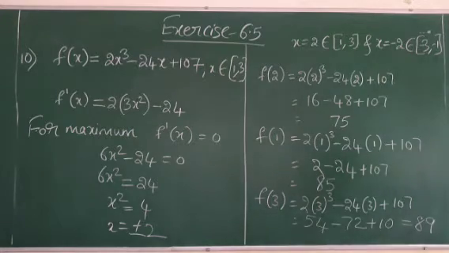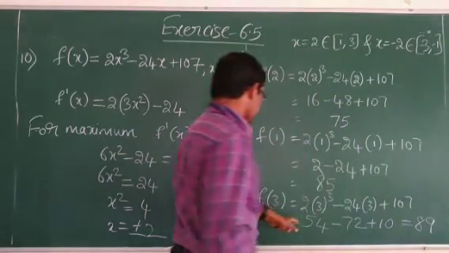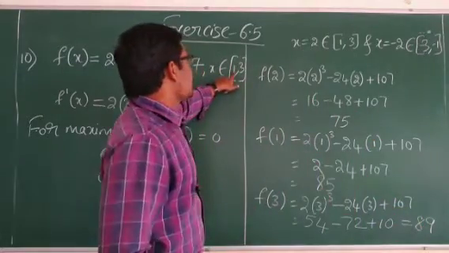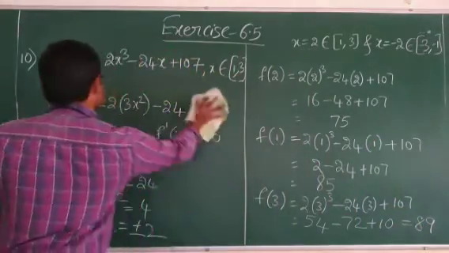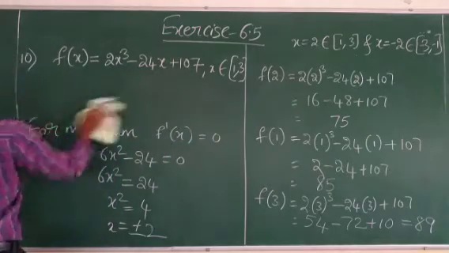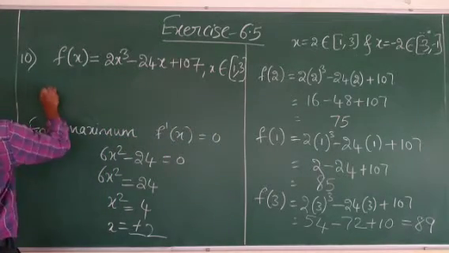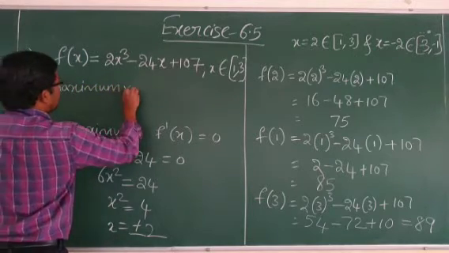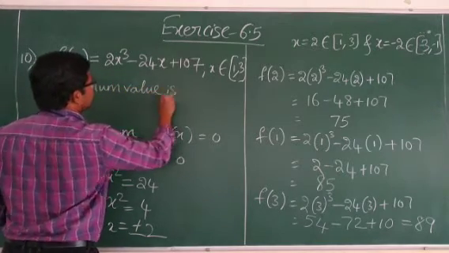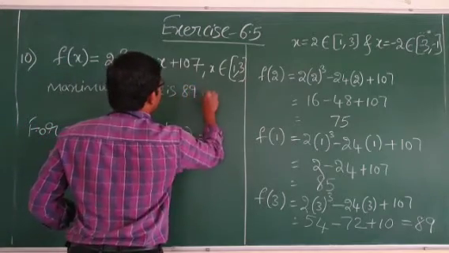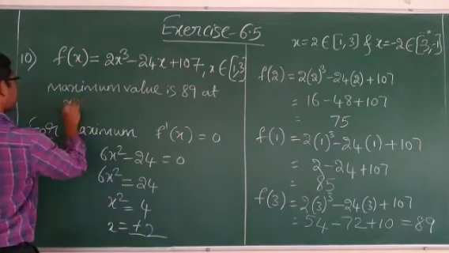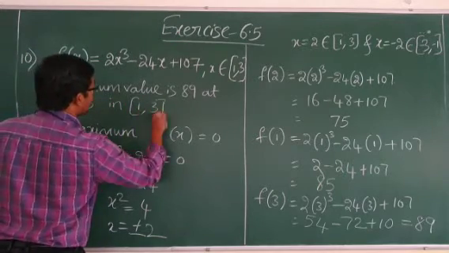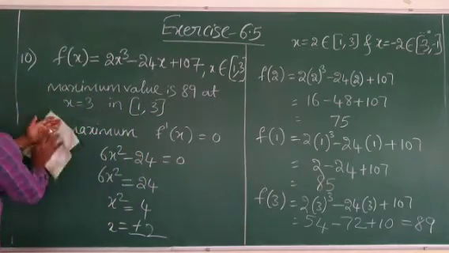So here we can see the maximum value is 89 in the interval 1 to 3. So maximum value is 89 at x equal to 3 in the interval 1 to 3.